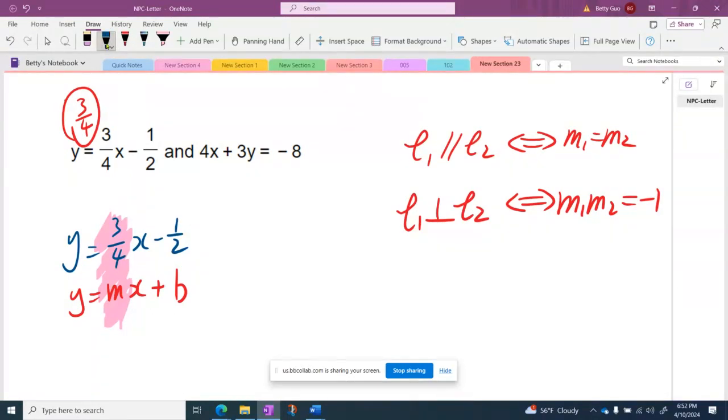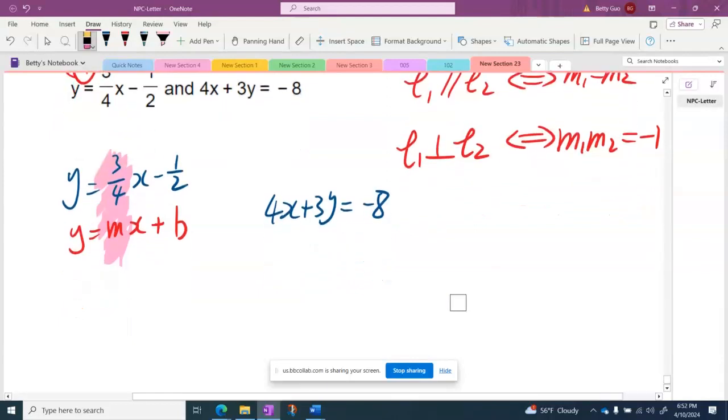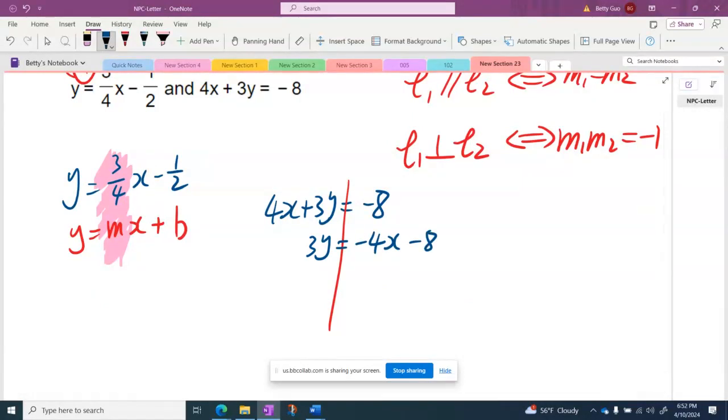And the second equation is in the standard form, 4x plus 3y equals -8. You can use my method if you still remember it, or you can rewrite the equation in the slope-intercept form. Either way, whichever you feel more comfortable. If we rewrite the equation, we move 4x over, we have -4x, -8 stays on the right side, and then divide everything by 3. 3 cancels 3, we have y isolated.